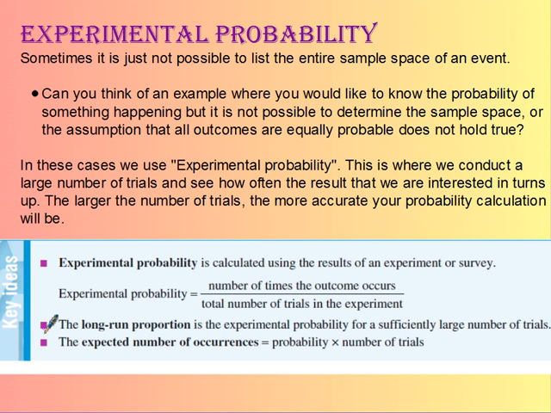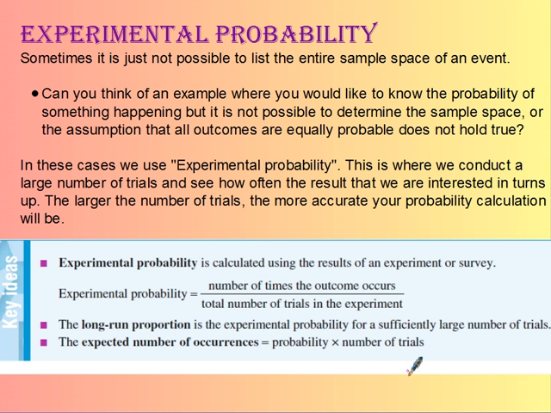In the long run, the more trials that we do, the closer the experimental probability gets to the real probability of the event. The other thing about experimental probability is it allows us to calculate something called the expected number of occurrences, which is the probability that we've got from our large number of trials times the number of times that we conduct the experiment.